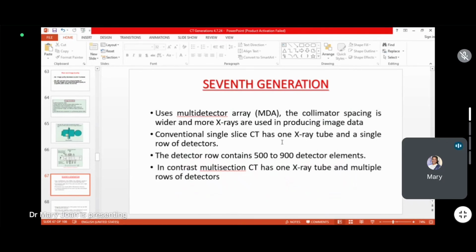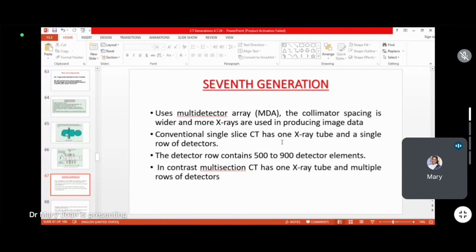The 7th generation uses a multi-detector array. The collimator spacing is wider and more X-rays are used in producing image data. Conventional single slice CT has one X-ray tube and a single row of detectors, and the detector row contains 500 to 900 detector elements.